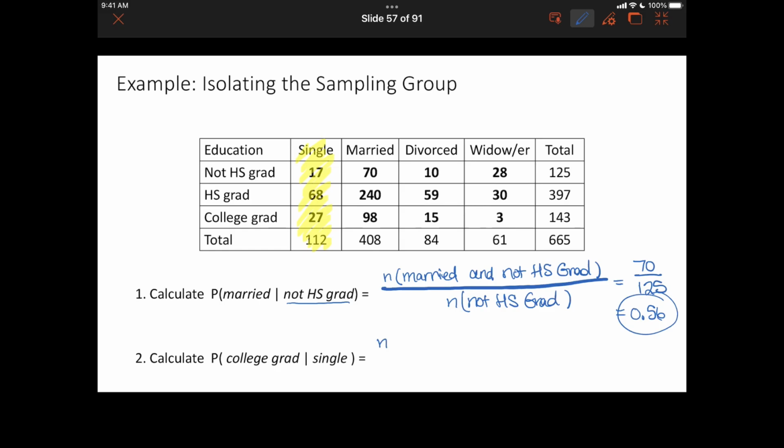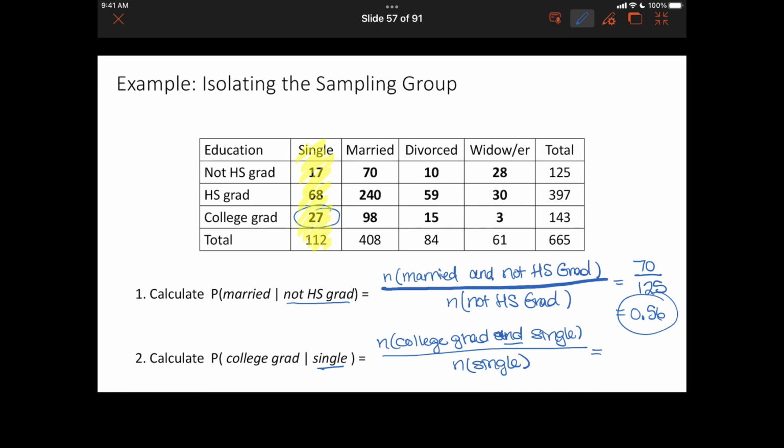So that's the number that are college grad and, let's write it out, and single, divided by the number that are in my given group, so single. Okay, college grad and single is where the row and column intersect.